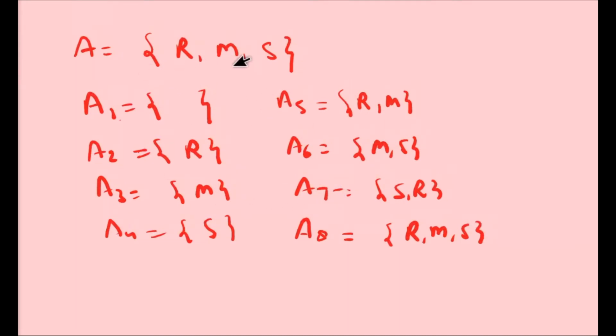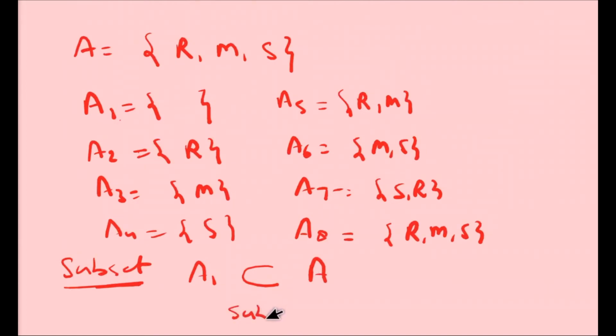So we can say these 8 types of selections are all subsets. We are now talking about subsets. Now what is a subset? If we select members from this group, then these are all subsets of set A. A1 is a subset of set A. This symbol is read as subset.